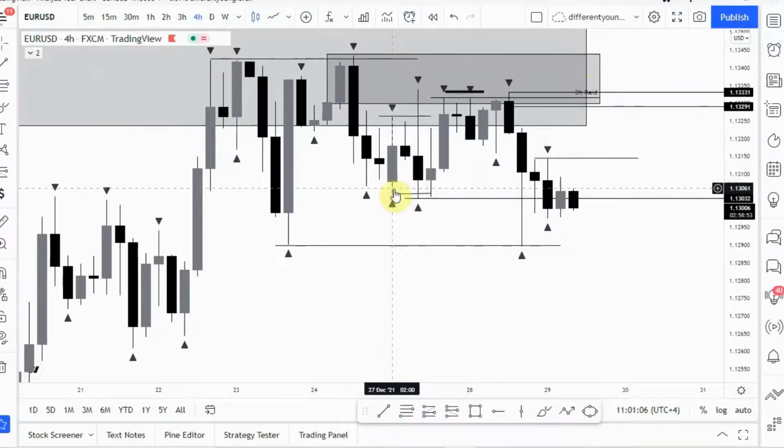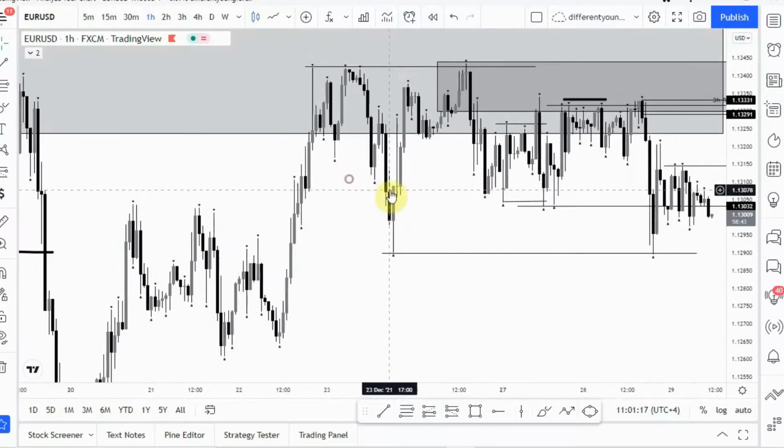So when you see some kind of this situation, what you need to do is just use the block sitting under it, probably 1H or 15-minute.